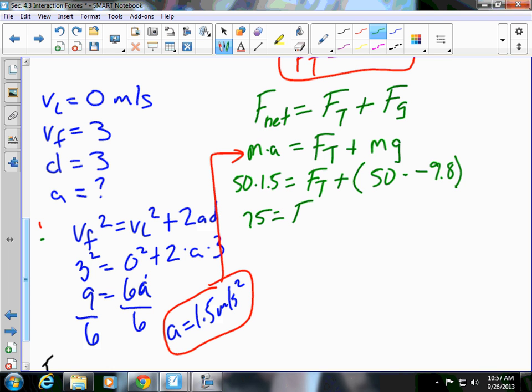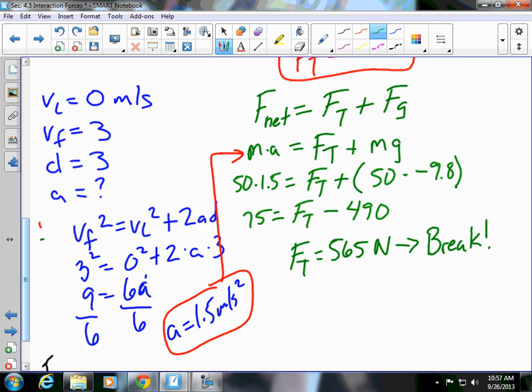That's equal to force of tension minus 490. You go ahead and add everything into the force of tension and solve. You get the force of tension is 565 newtons. And that means the rope will break.